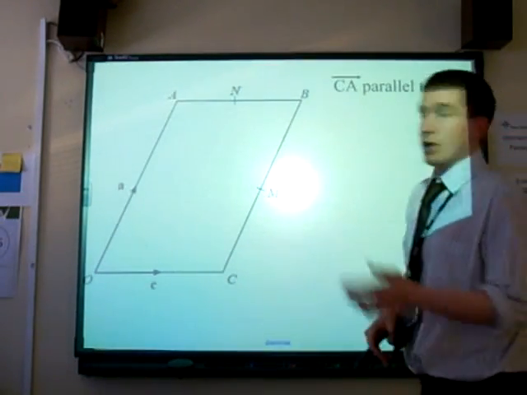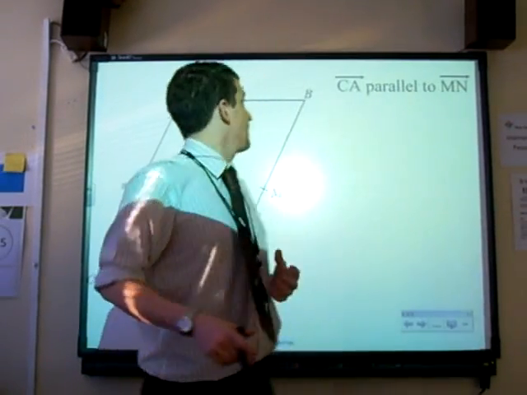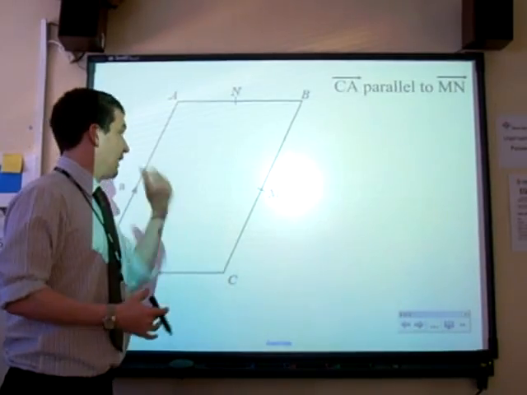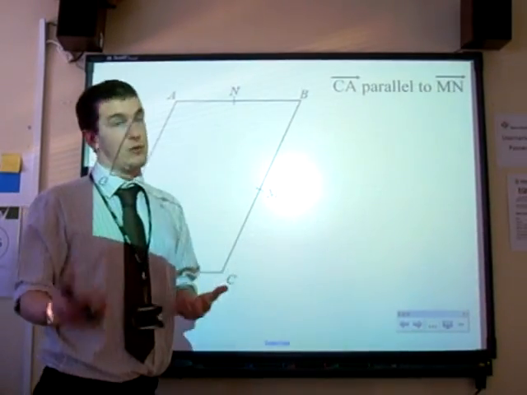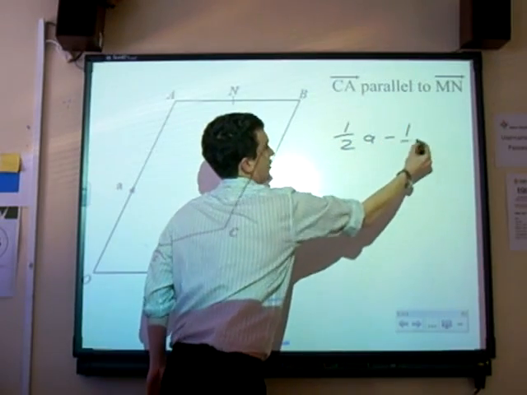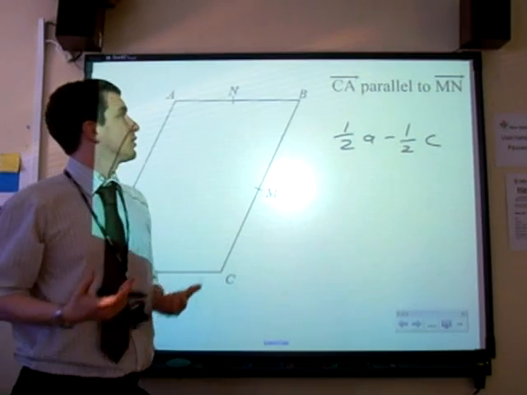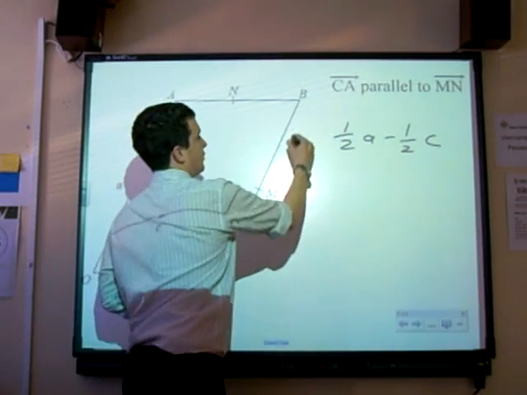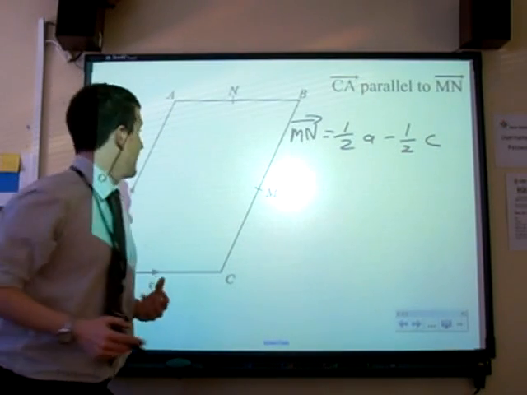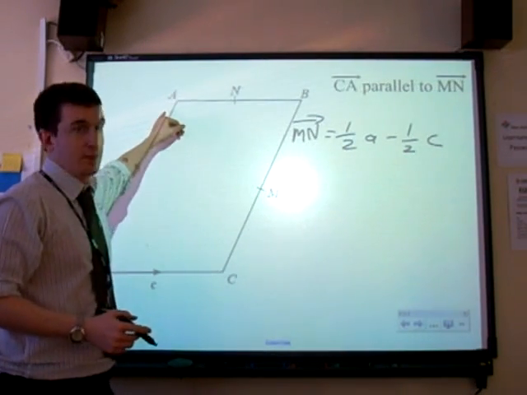And then the last part of that question: prove that C to A is parallel to M to N. So again, we know what M to N is, we've just worked that out. It was half A minus a half C. So let's work out C to A. C to A, we're going from this corner here to this corner here.